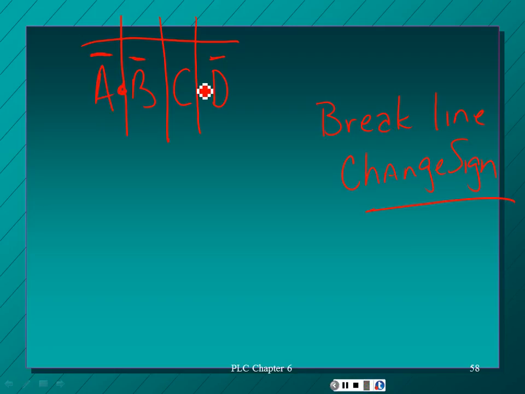So each one of these are multiplied together, correct? So if I break that line, I have to change that to a plus. So now I have two short lines plus. Two short lines plus. When I get here, I have one line and two lines here.